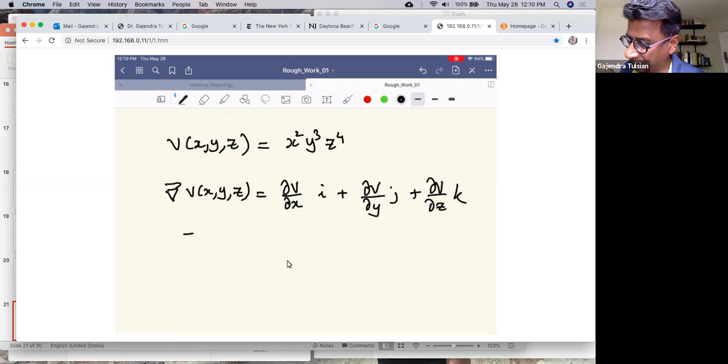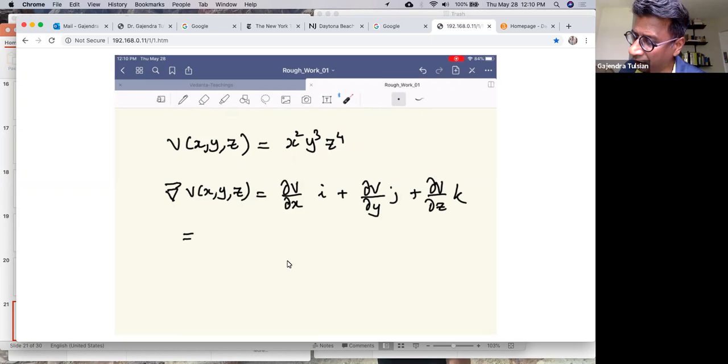And so for our example, del V by del x is the partial derivative of this function with respect to x. And when you take partial derivatives, you're treating y and z as constants.